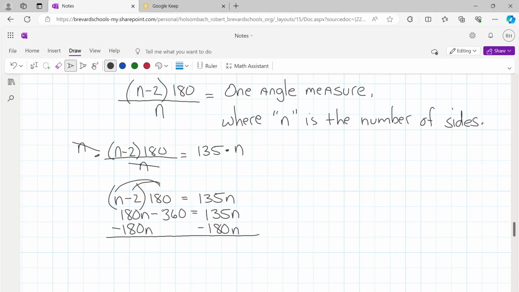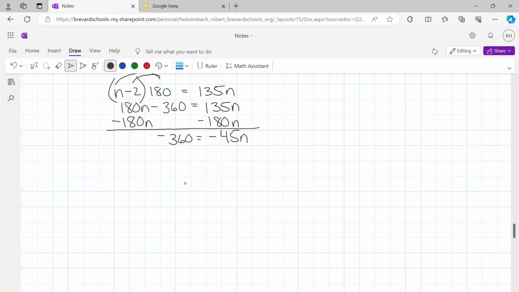And on the left-hand side, the negative 360 falls down. And 135 minus 180 is negative 45n. And then you can divide each side by negative 45. And 8 is equal to n.